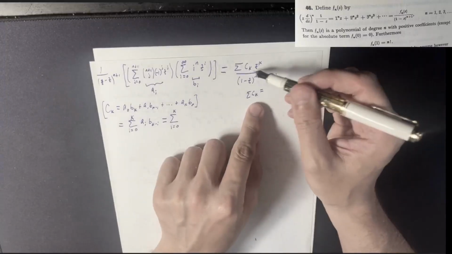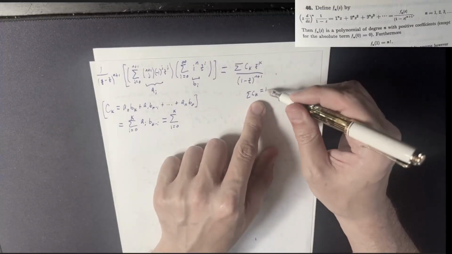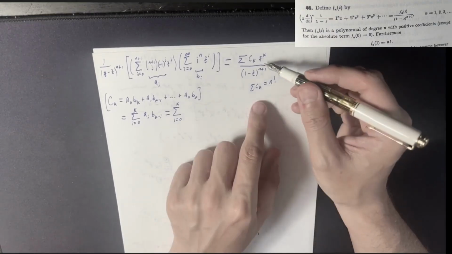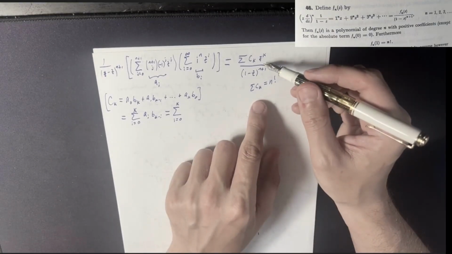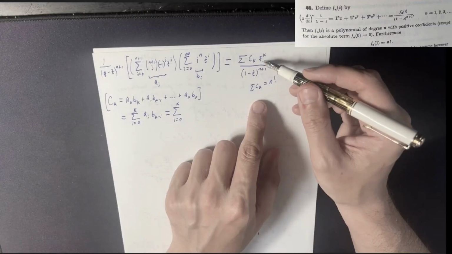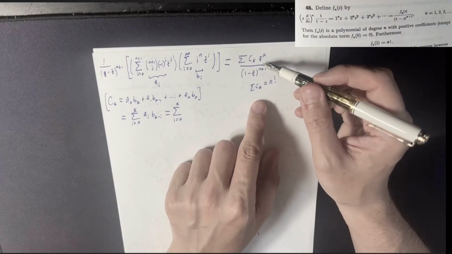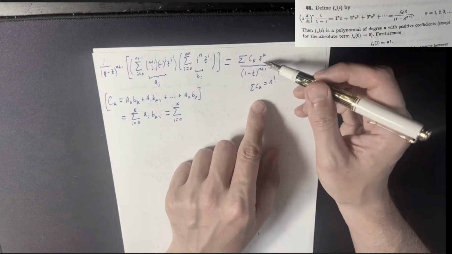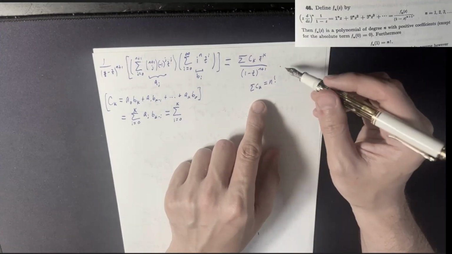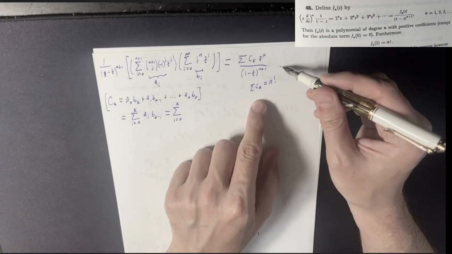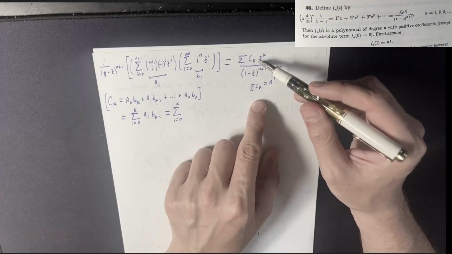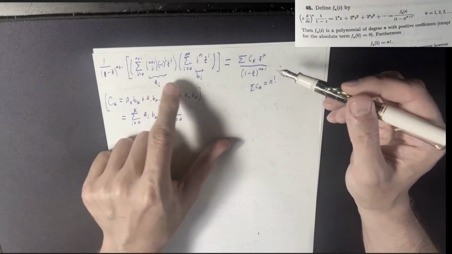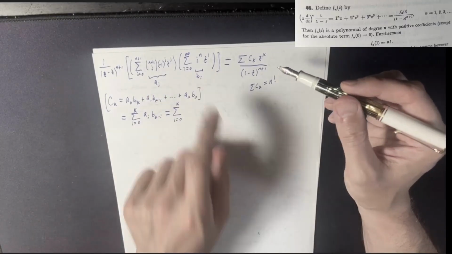So I want to be able to, if I plug in 1, I get n factorial. And I also want, if I plug in 0, I get 0. Well, of course I do. That part's not bad, huh? I should get C0. What is C0? 0. It's because of this term.